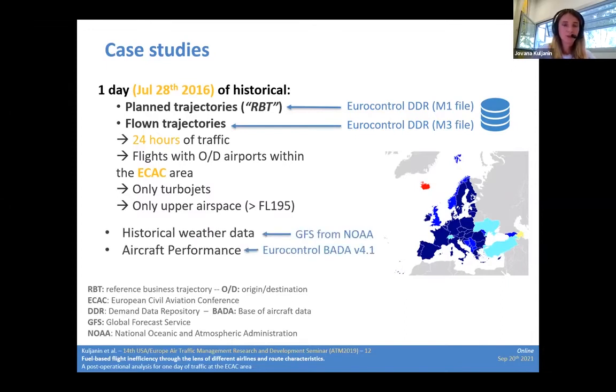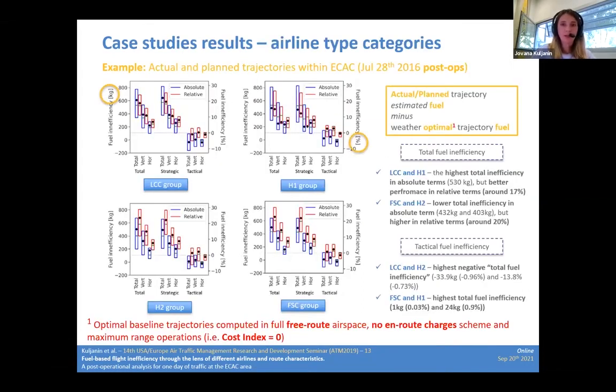It's also important to emphasize that we use the EUROCONTROL BADA 4 model for aircraft performance, while the historical weather data were retrieved from the Global Forecast System. So let's start.